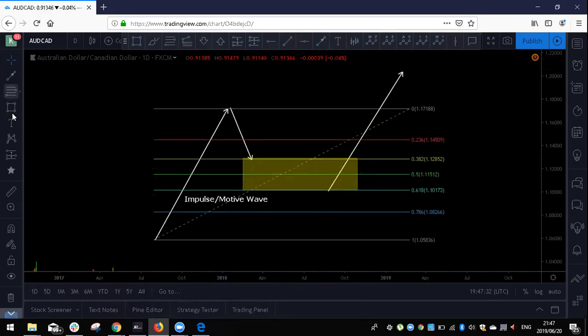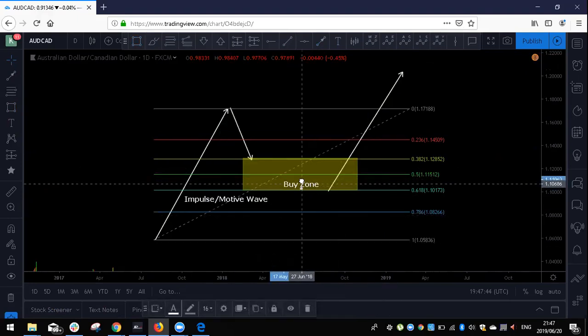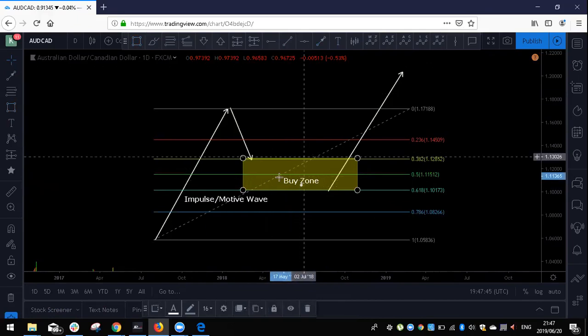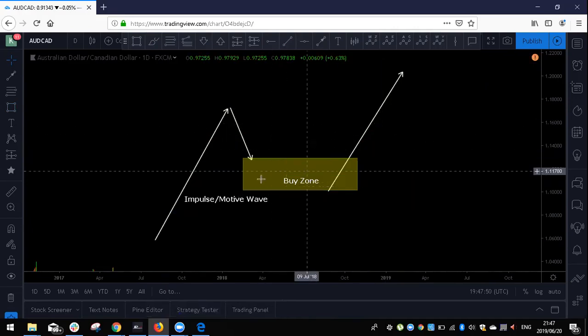So I make this, I'm gonna call this my buy zone, like this. That is where I'm gonna wait to take my buy trade.